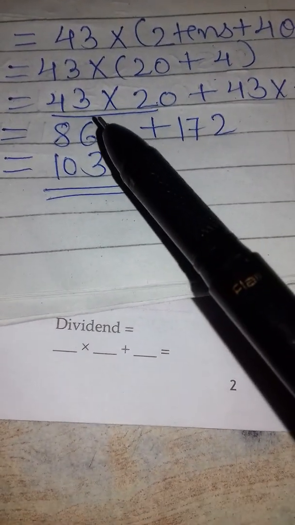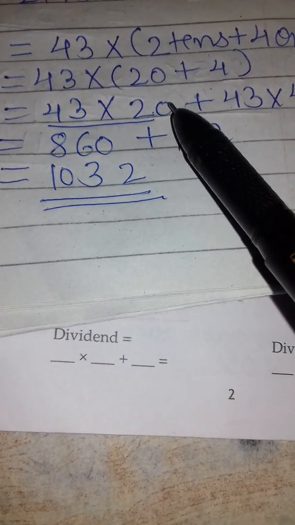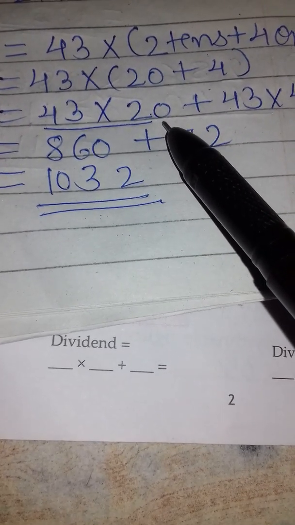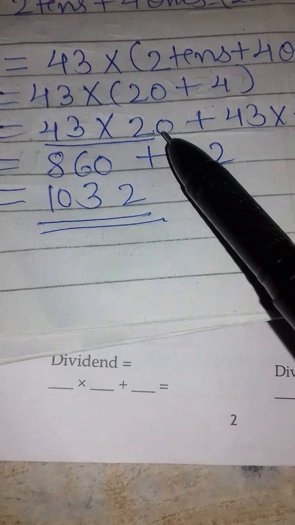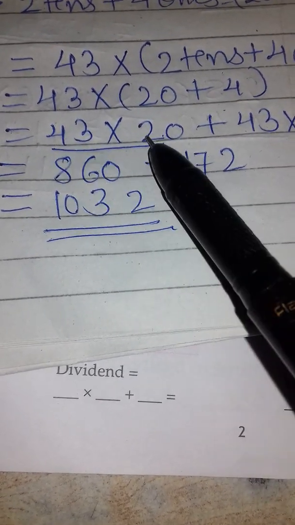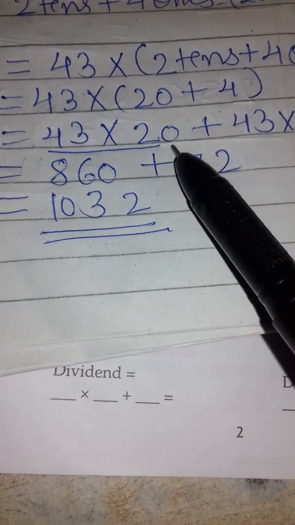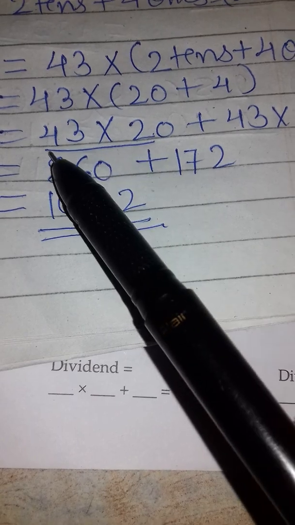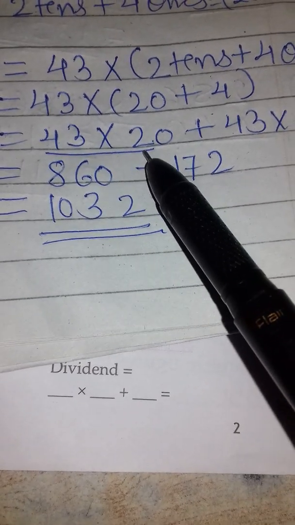In my last video I explained that if there is 0 in the multiplier according to its place, tens, hundreds, thousands, first we multiply the digits and place the 0 at the right side. So first we multiply the digits, 43 into 2.